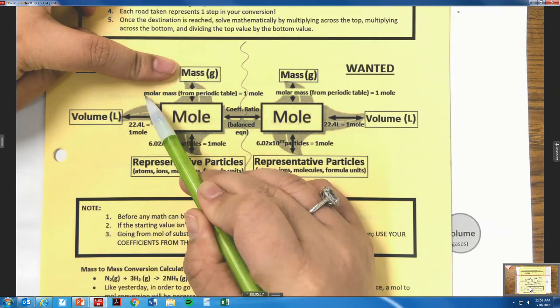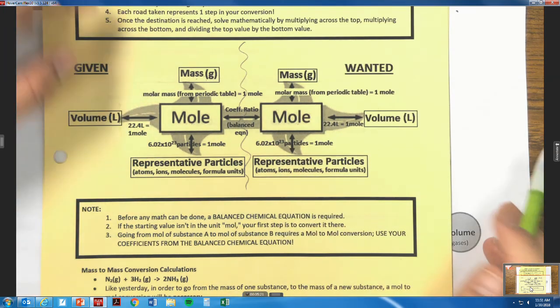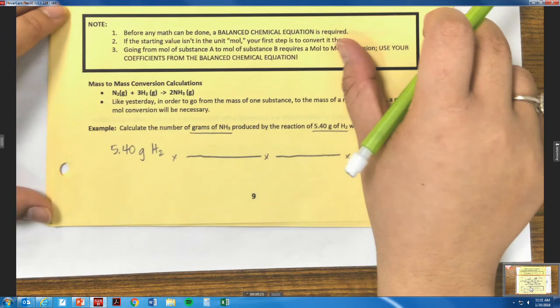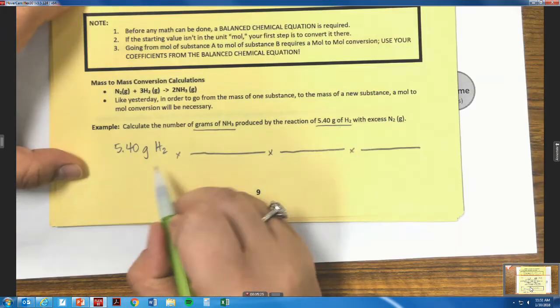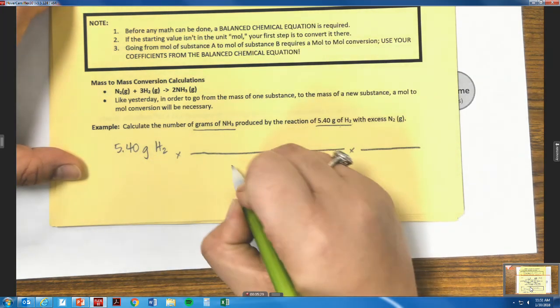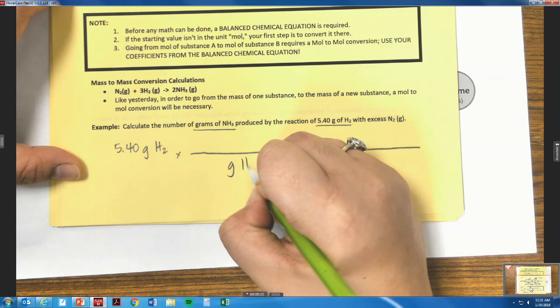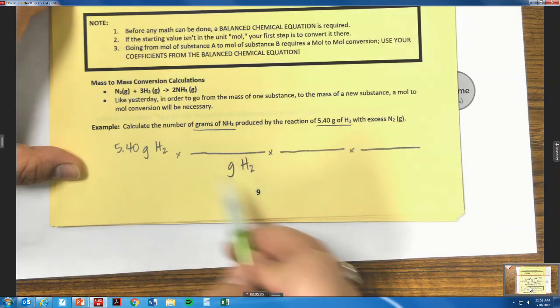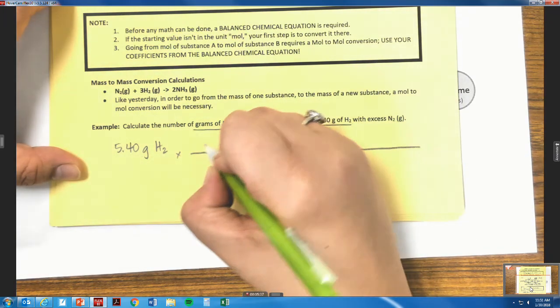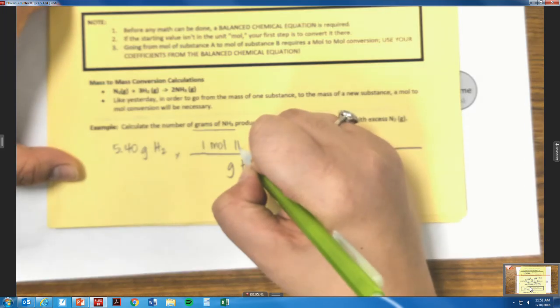That's our first conversion, which is molar mass equals 1 mole. If my given was grams of hydrogen, then on the bottom it also has to be grams of hydrogen, because these have to cancel out later on. So then my 1 mole is going to be on top.